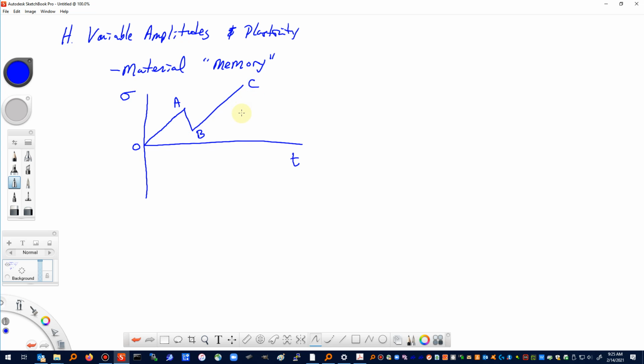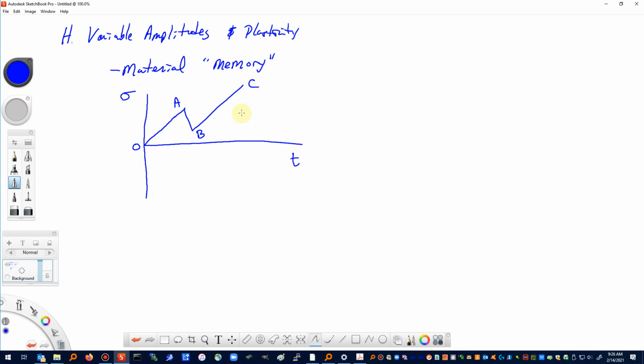Now when I make these sketches, the sketches are going to be just that, just kind of illustrative sketches of what goes on in the hysteresis response. In order for these to look reasonable, I'm going to assume that we have a little bit of plasticity involved in these hysteresis loops.